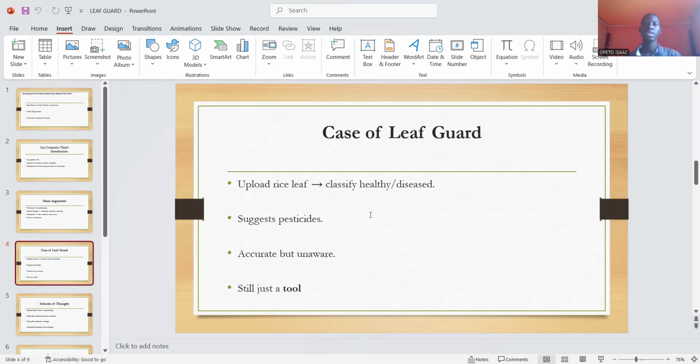We also have plant roots, and it can also go ahead and suggest the possible or the best pesticide to fight the disease or even the pest. Because here we are centering on pests and diseases affecting our crops. And here, LeafGuard can generate for you the most accurate solution, though doing it unaware because it has been trained to do that.